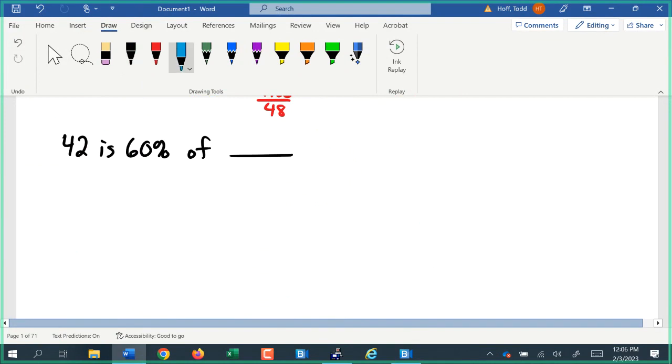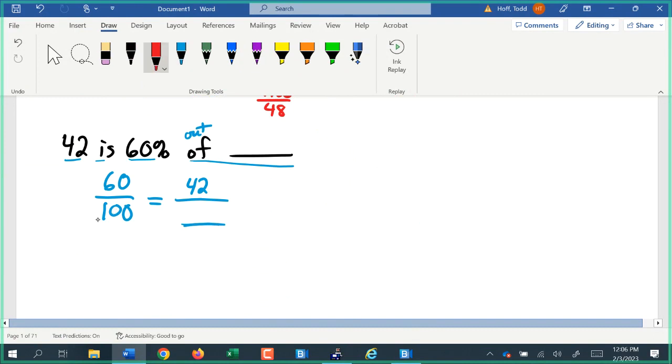So we still have our percent. 60% is 60 out of 100. On the other side now, 42 is 60%. That implies that the 42 matches up with the 60. Of blank, again, we can read that as out of blank. That implies our missing number goes on bottom. So now our numbers are in different locations in our proportion, but the calculation is still the same.